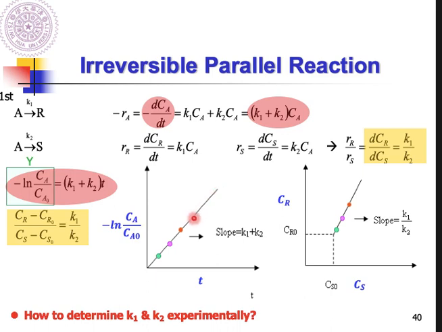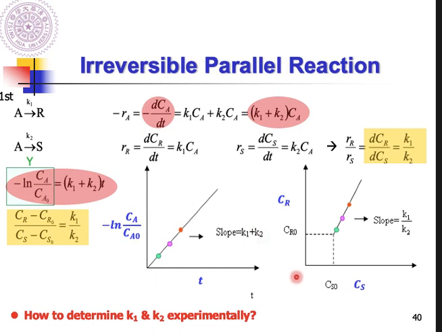You can measure the concentration of reactants and products at T4, T5, and T6. If you have more data points after fitting, you can get a more accurate slope, and that will help you get more correct reaction rate constants K1 and K2.